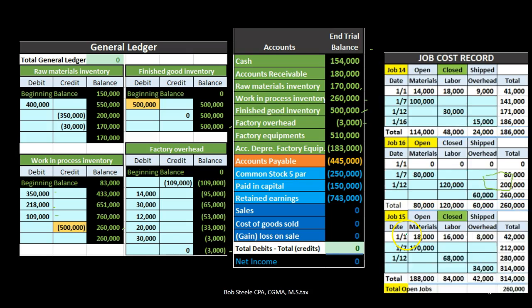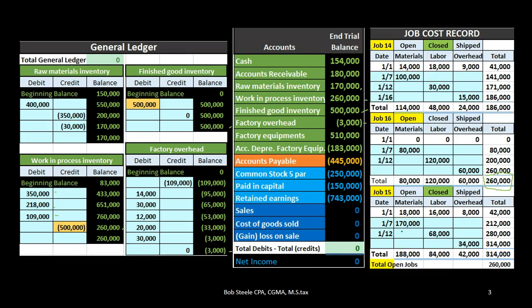So the process would be something like this for a job cost system, where we have multiple accounts representing the inventory broken out by how complete the inventory is, including raw materials, work in process, factory overhead, and finished goods.